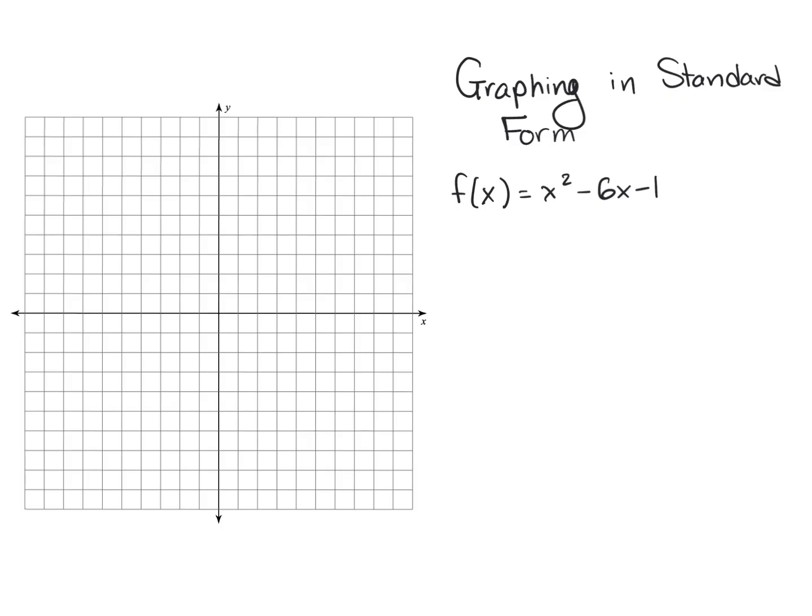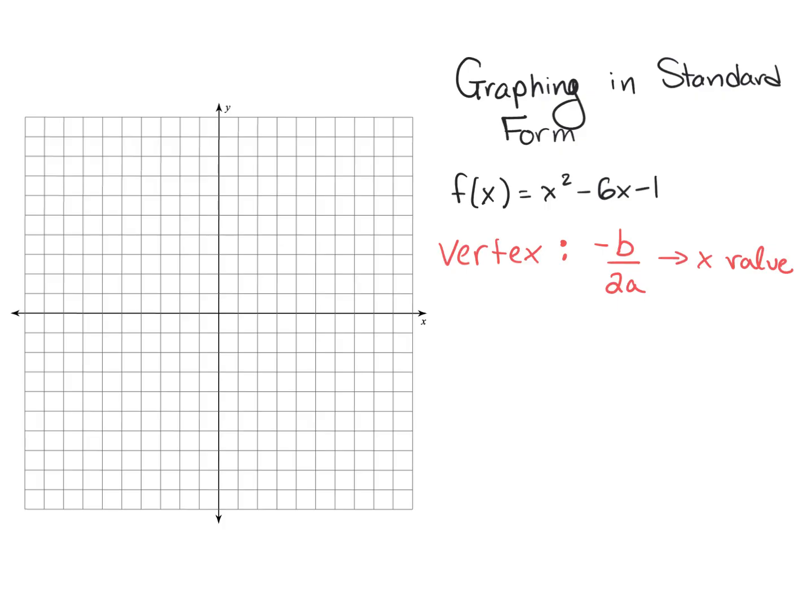So the way that we find our vertex in standard form is we have to use this particular formula here, negative b over 2a. And if this looks familiar, it definitely should. It's part, but not the whole thing, part of your quadratic formula. So negative b over 2a will give us the x value of our vertex, and then we'll plug it back in to get our y value.